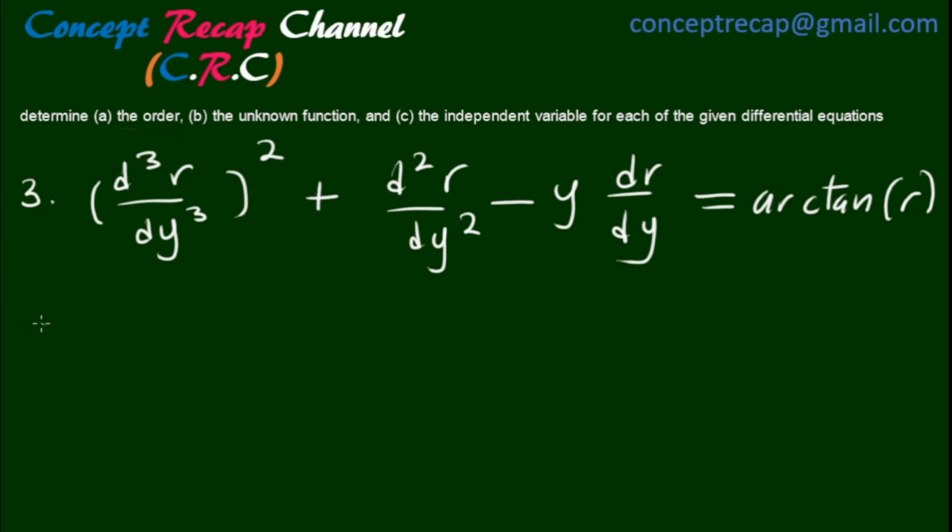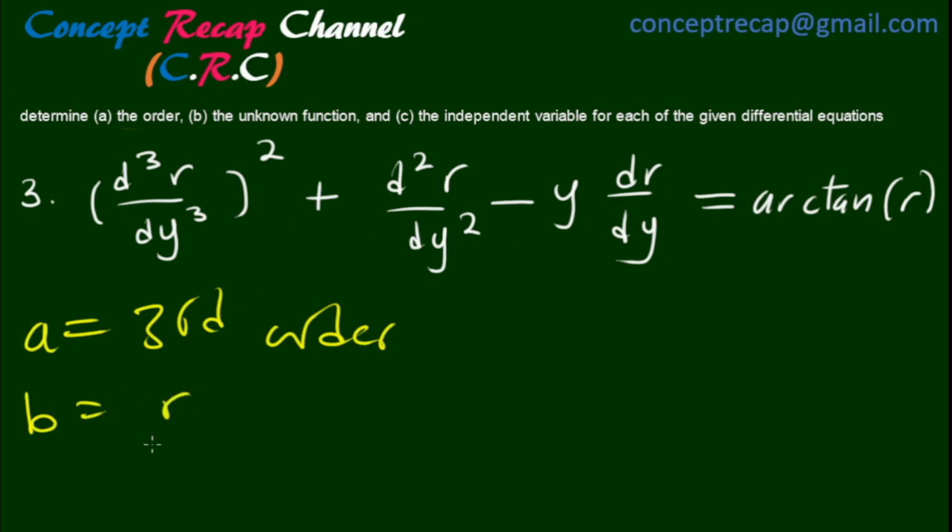So here the order will be third order, and B, the unknown function will be R, and C, the independent variable will be Y. So if you do that, then you are correct.